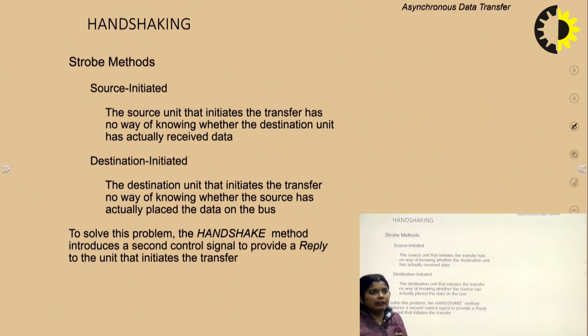Again, the main problem in the Strobe method is that the source unit that initiates the transfer has no way to get the acknowledgement. There is no way to know that the destination unit got the data or got the dv equal to 1. We don't have any acknowledgement. This problem is solved by the handshaking method.